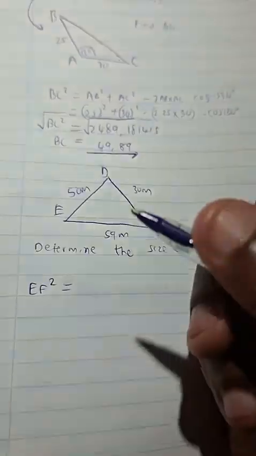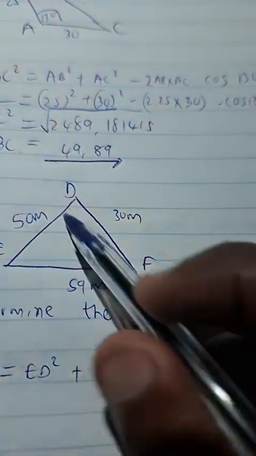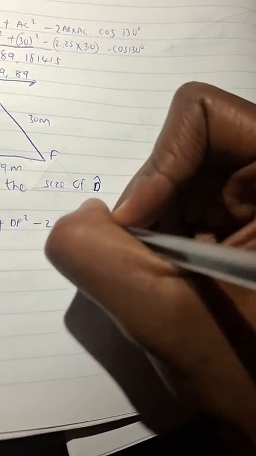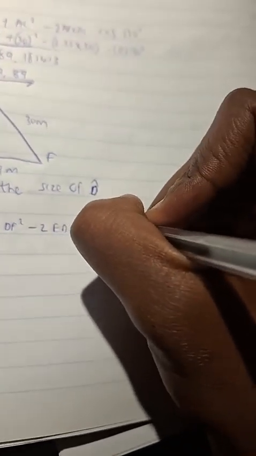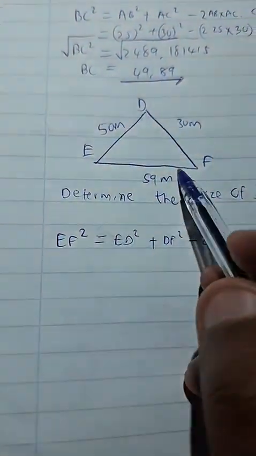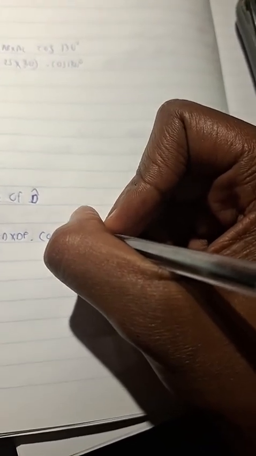Then I'm going to say EF squared is equal to ED squared plus DF squared minus 2 ED times DF cos of what? The angle opposite 59, which is EF, is actually cos of D. Angle D is what we want to find.